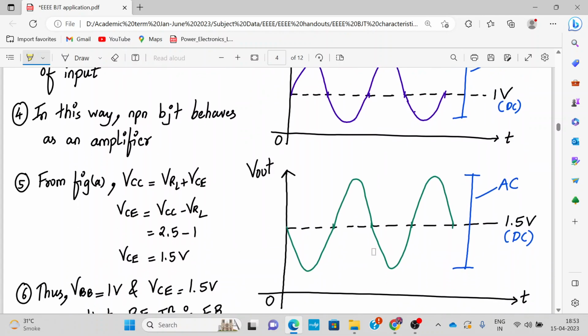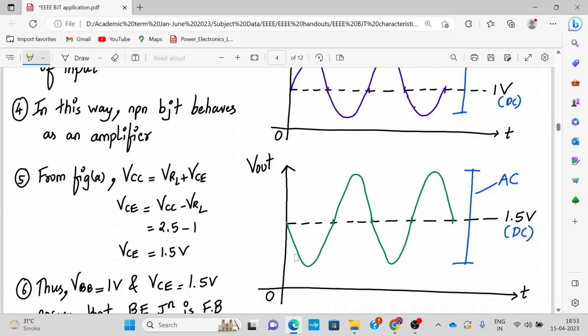And why is the V out value inverted? Because as you can see, VC value is VCC minus ICRC. VRL is nothing but IC into RL.